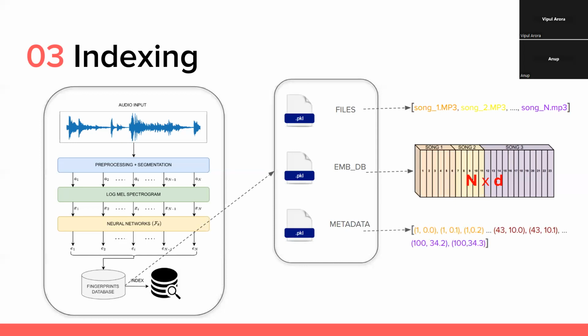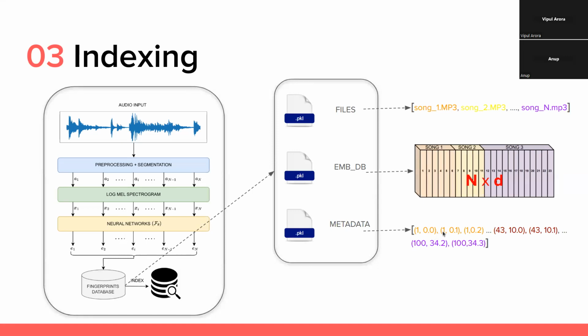And then there is another, third file, named metadata.pkl. What it has is the associated metadata for each fingerprint. So the first element means that the first fingerprint comes from the file index 1, and it corresponds to the chunk that is extracted from 0.0, which is the starting time of that chunk.